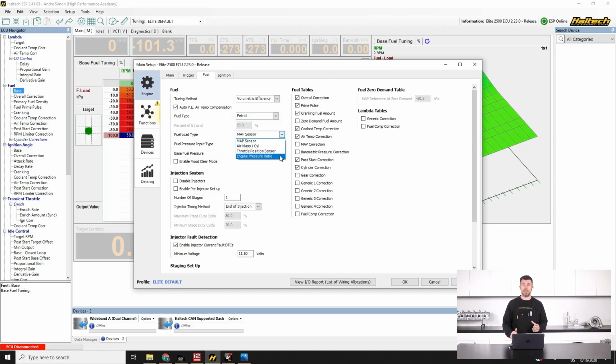Now, the theory goes that if you are going to use IMAP over EMAP, or let's just call it engine pressure ratio, as your load axis, it does a really, really good job of automatically compensating for changes in barometric air pressure. The problem when we are looking at our inlet manifold pressure in isolation, which is what most speed density tuning systems do, is that we're ignoring the effect of the barometric air pressure change on the exhaust side of the engine, and we can't look at the engine in isolation when we are looking at engine volumetric efficiency.